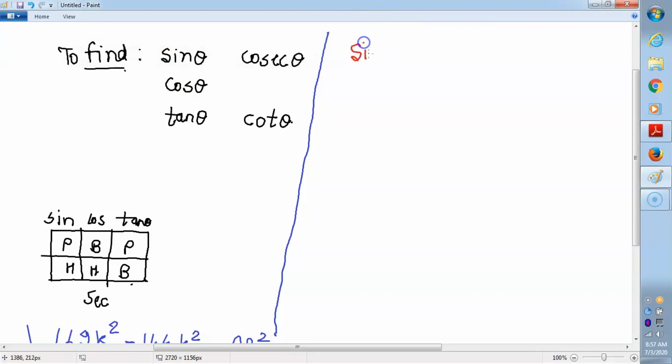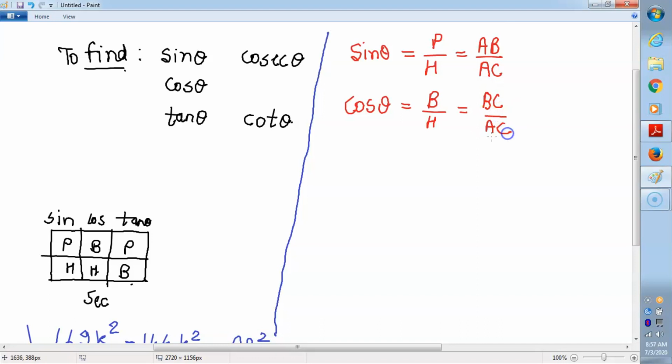First of all, sin theta. According to the small table, perpendicular upon hypotenuse, which means AB upon AC. Cos theta is base upon hypotenuse, which means BC upon AC. Third is tan theta, perpendicular upon base, which means AB upon BC. Now the reciprocals.